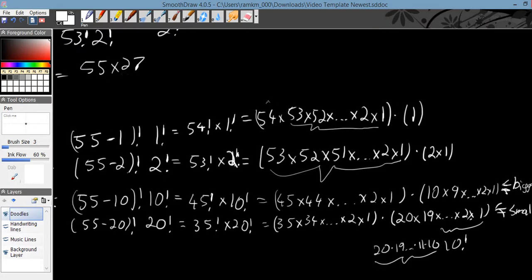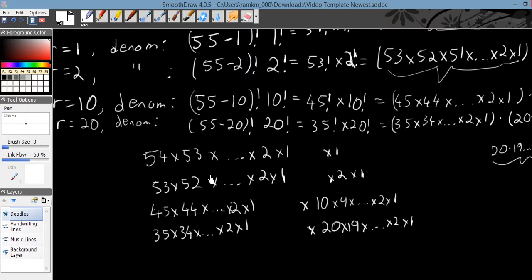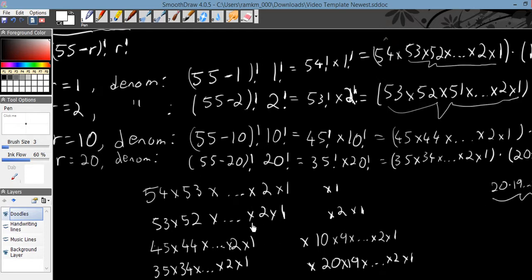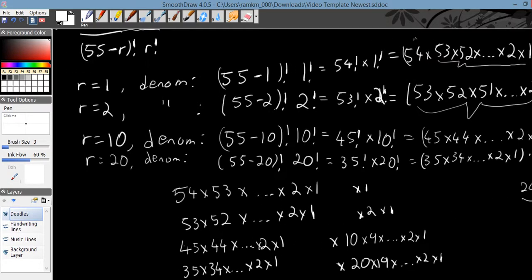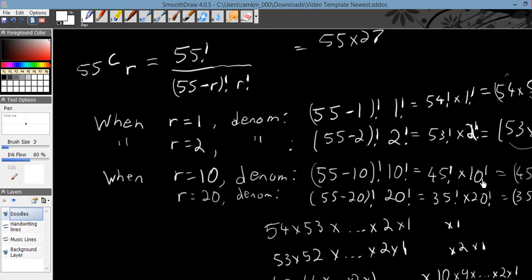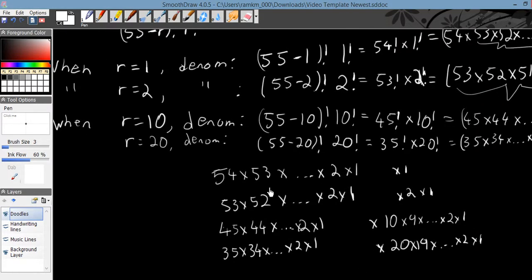But is there a point where that no longer happens? So in all the 4 cases we've looked at so far, we have 55 numbers, and that's the case for really all denominators of 55 choose r. The denominators are 55 minus r factorial times r factorial. So all of those possibilities consist of 55 factors each.